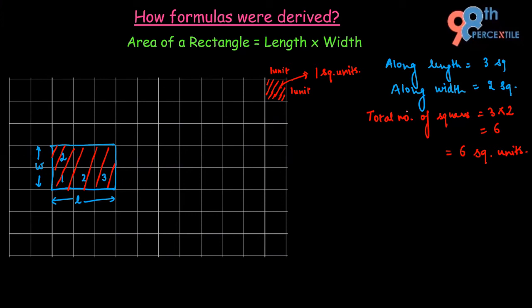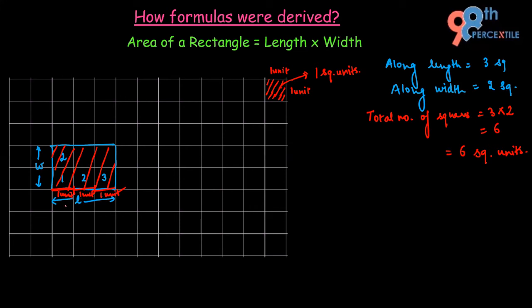Now if you observe carefully, what am I actually multiplying? This 3 is what? If you try to find the length of this side, what will it be? This particular length is 1 unit. Then similarly, this length is also 1 unit. This length is also 1 unit, because we saw that the side of each square is 1 unit, right?